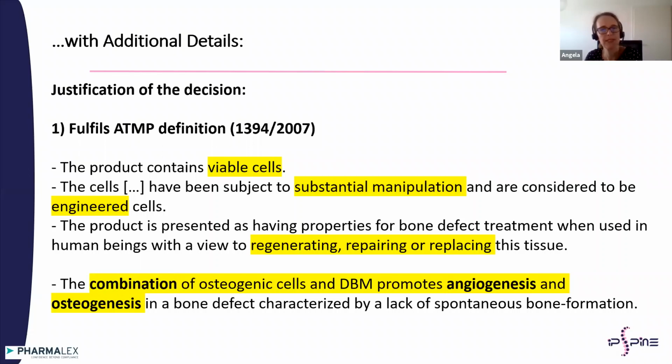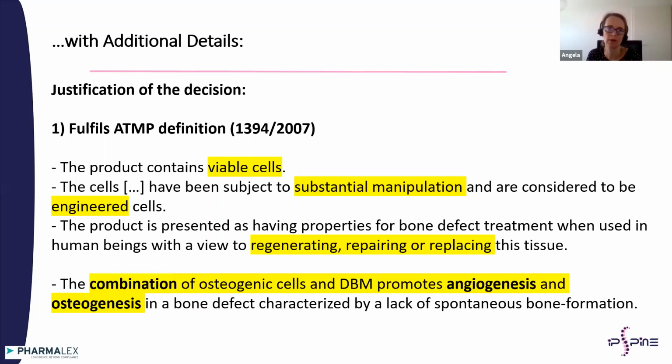Although it is also stated that this combination promotes angiogenesis and osteogenesis. So if you remember, hopefully, from the beginning of this talk, it's sometimes not so easy to draw a clear line between the somatic and the tissue engineered product. And this is a case where we say, okay, the primary action is regeneration and replacement of this tissue.